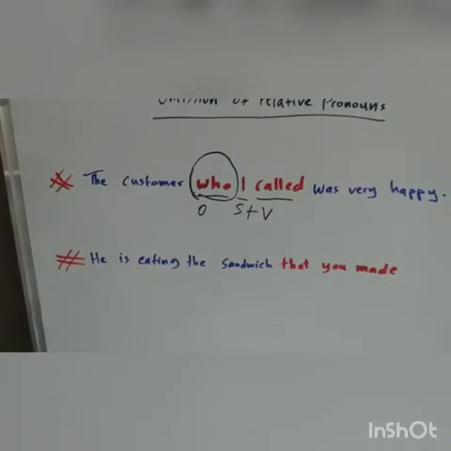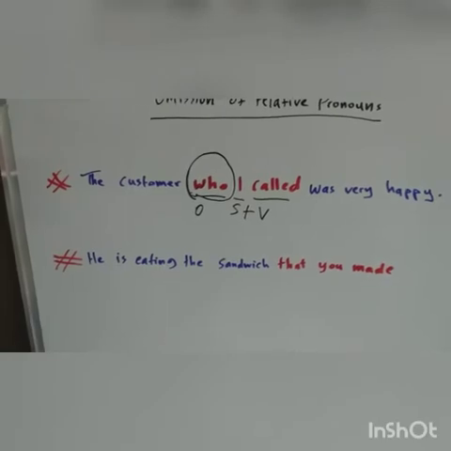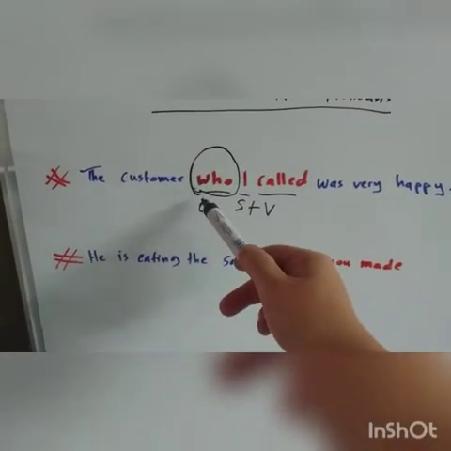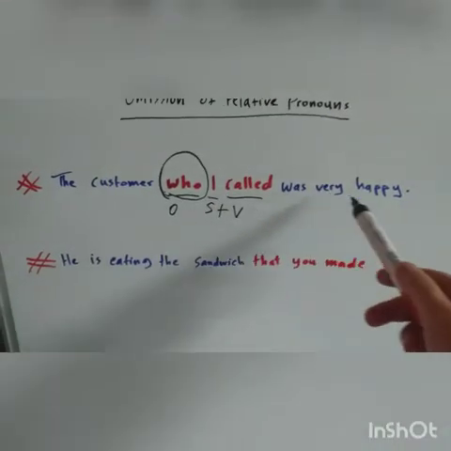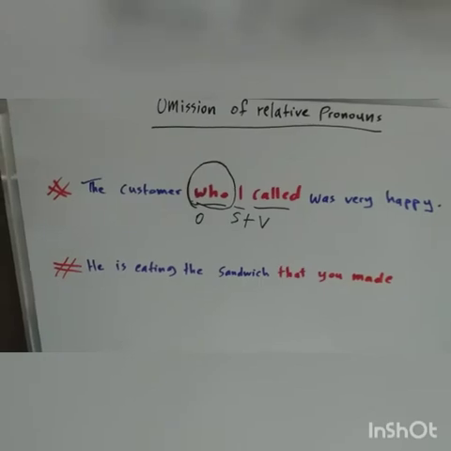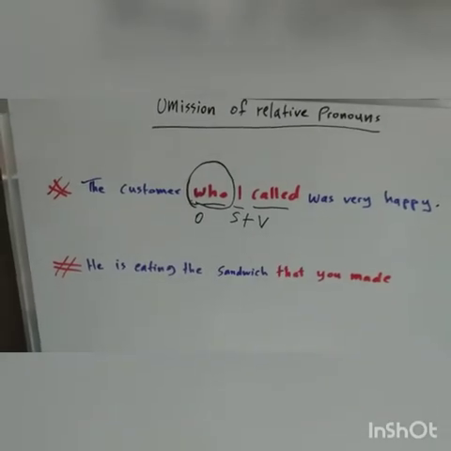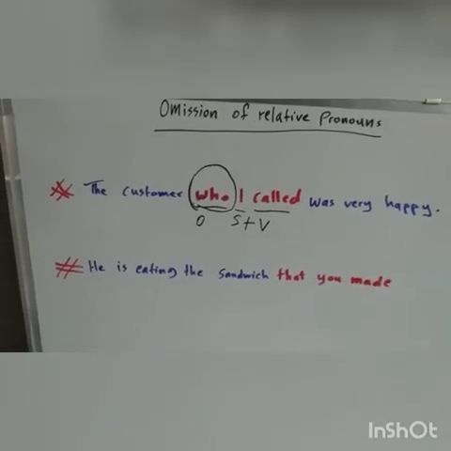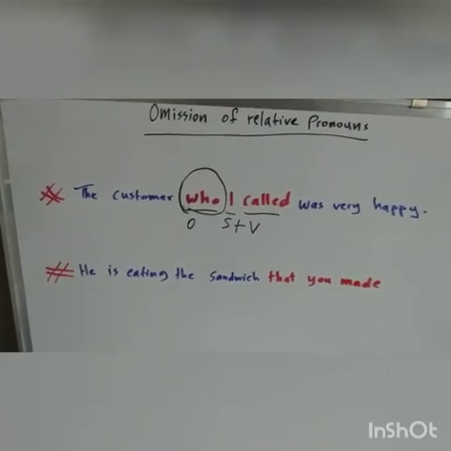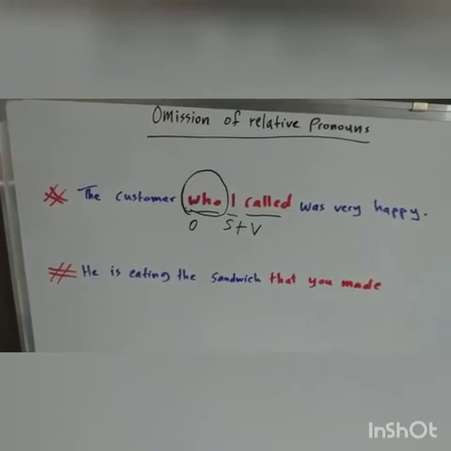When there is a subject plus a verb after the relative pronoun, the relative pronoun is the object of the clause. You can tell that it's the object because it is followed by another subject and a verb.